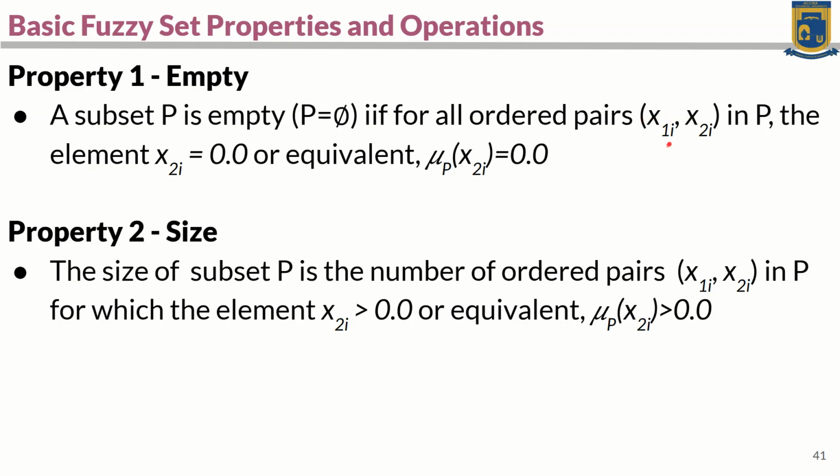This is the member, this is the degree of membership in P. Where the degree of membership is equal to 0, then we can say that it is empty. So here, let's come here.